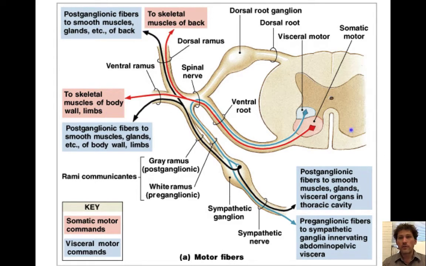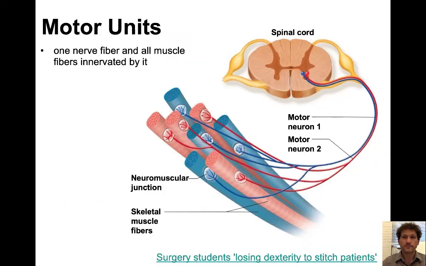Really, that's mostly what I just wanted to show you: that integration between the visceral and the somatic motor nervous systems, and where they are and how they're all integrated into these spinal nerves out here. Lots of information going in and going out and passing all over the place.